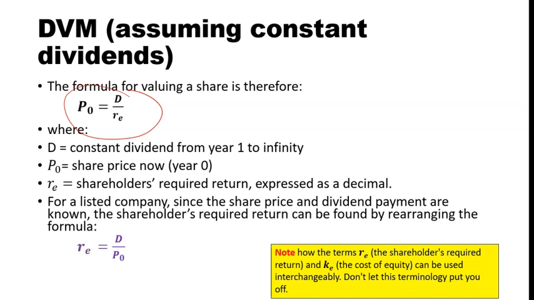And then the RE is the shareholders' required return expressed as a decimal. So for a listed company, since the share price and dividend payments are known, the shareholders' required return can be found by rearranging the formula. If you rearrange the formula, you end up having your RE as D over P0.